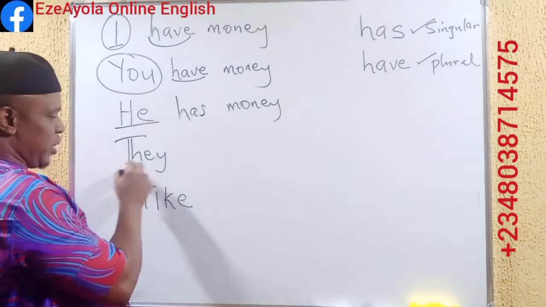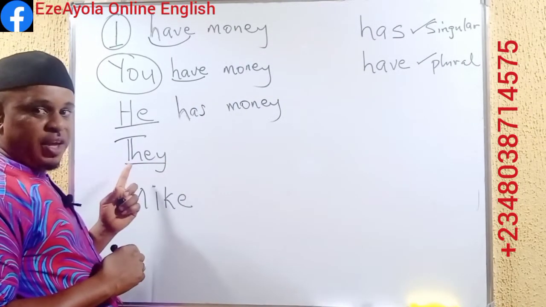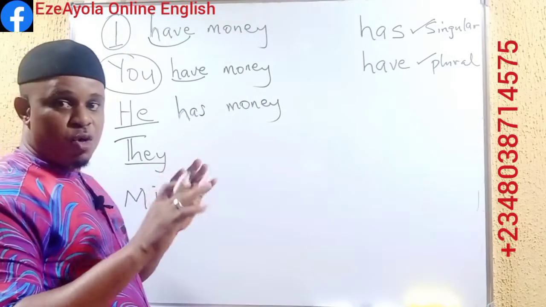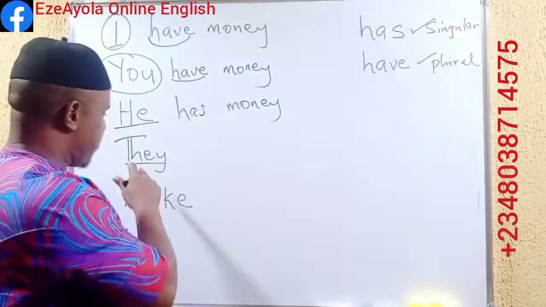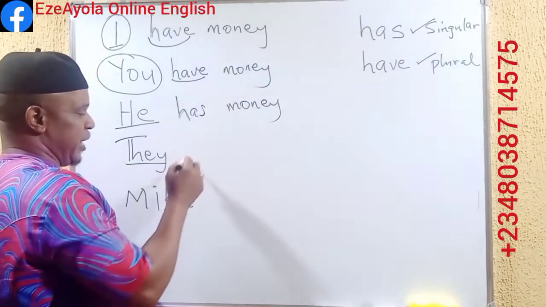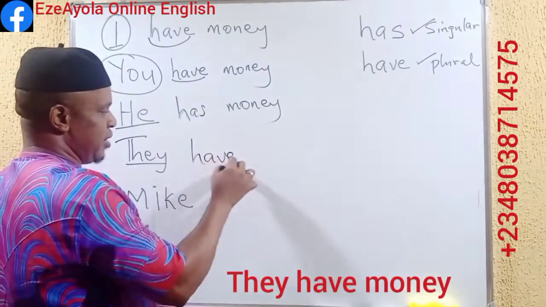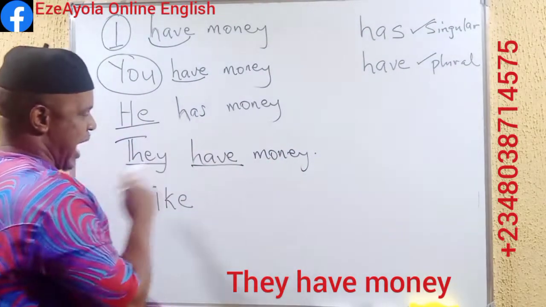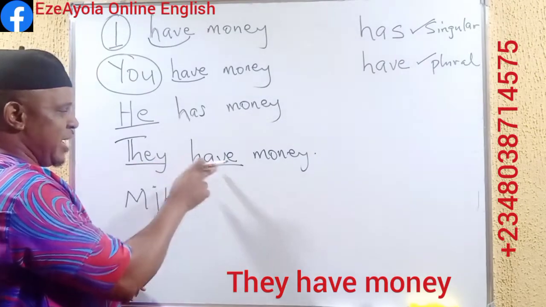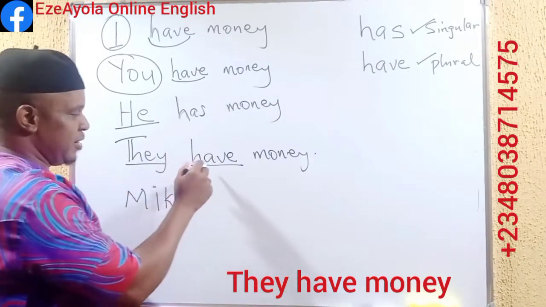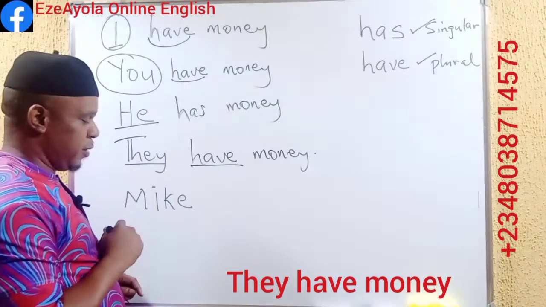Now look at this. What about they? For they, this is representing plural, okay? Can we say they has? How do we speak? They have. They have money. Have you seen this? Agreement between they and the verb. This is a plural. The verb have is equally plural.